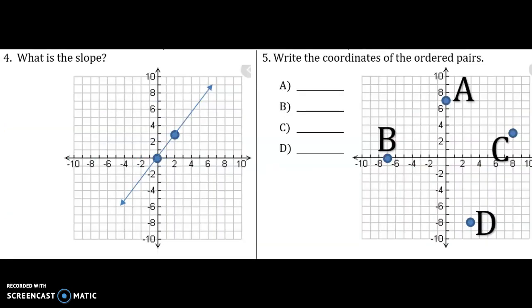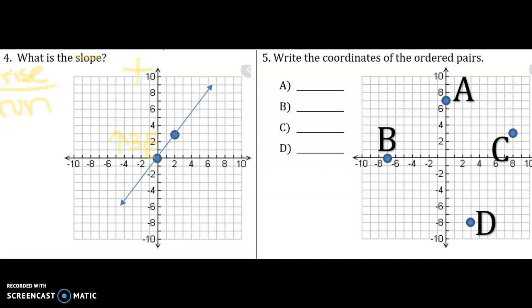All right, so for number 4, we're going to find the slope, which if you remember from middle school, is rise over run. Okay, so we're going to rise 1, 2, 3 units, and we're traveling up, which is towards the positive.